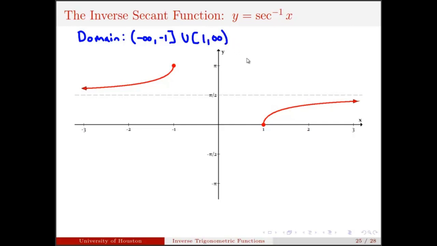On the other hand, the range of the inverse secant function is equal to the restricted domain of the secant function, which is the union of the intervals 0 to pi over 2 and pi over 2 to pi. In other words, the range of the inverse secant function corresponds to quadrants 1 and 2.